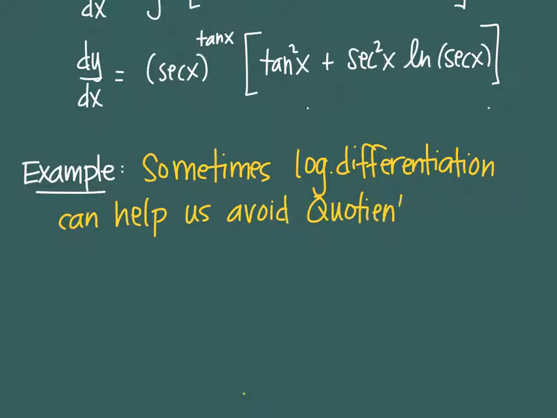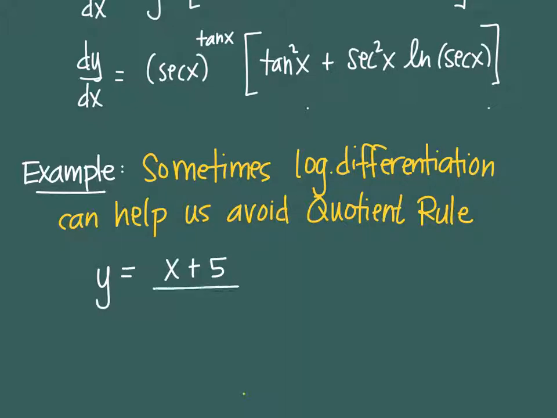The quotient rule is not my favorite, because you've got b times a prime minus a times b prime all over b squared, and it's not necessarily my favorite.